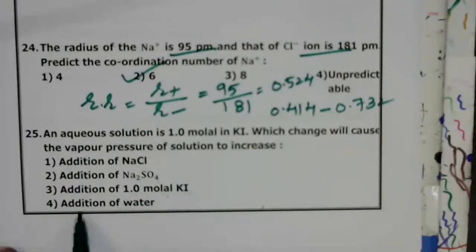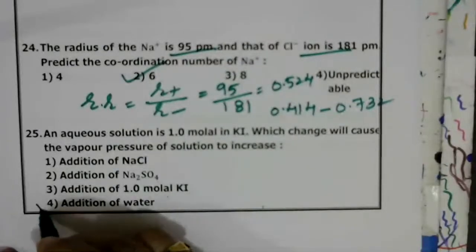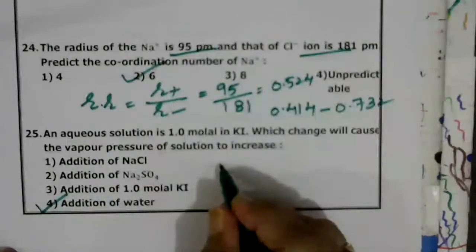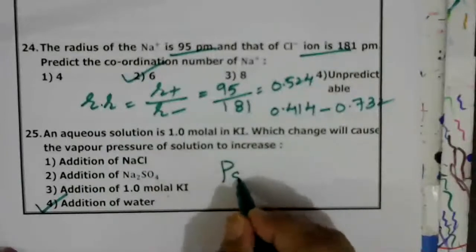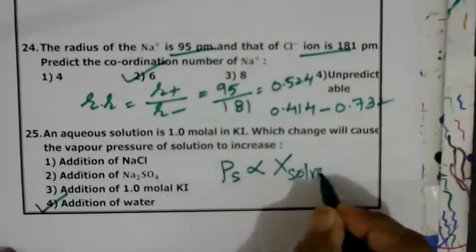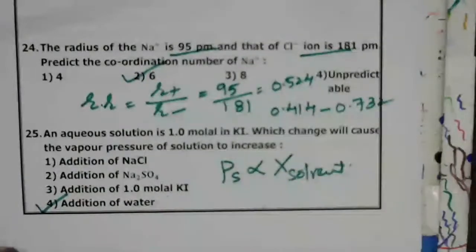The correct answer is addition of water. Have you remembered that whenever we take the vapor pressure, we always write PS is directly proportional to mole fraction of solvent. Yes. Correct answer.